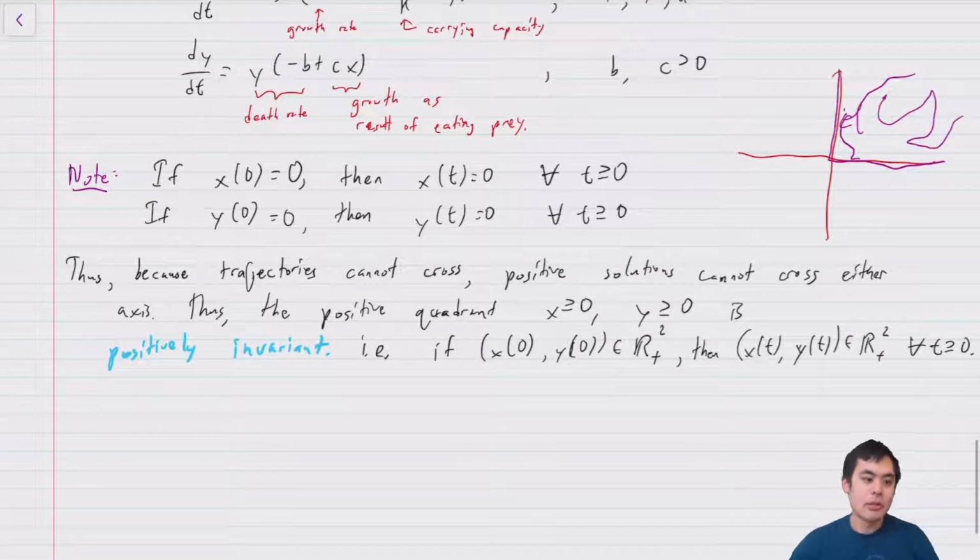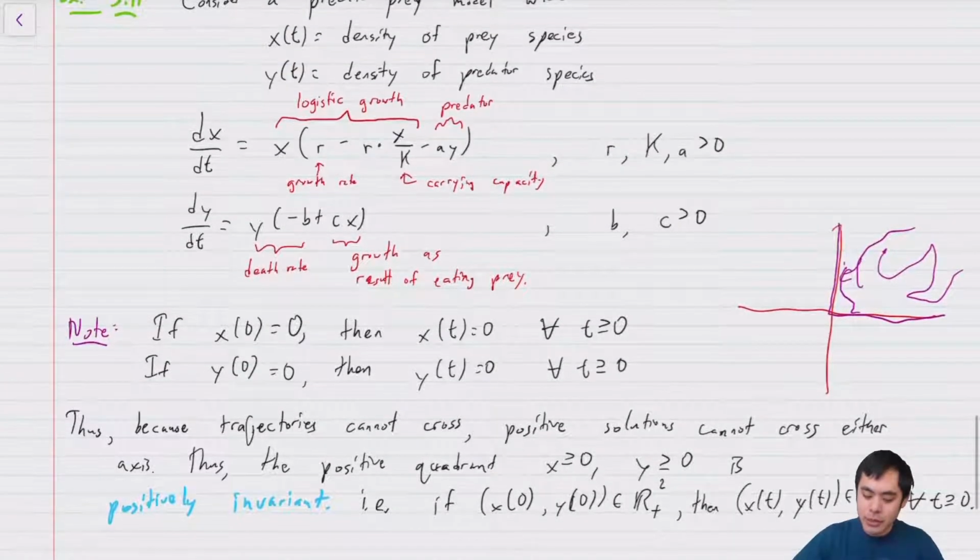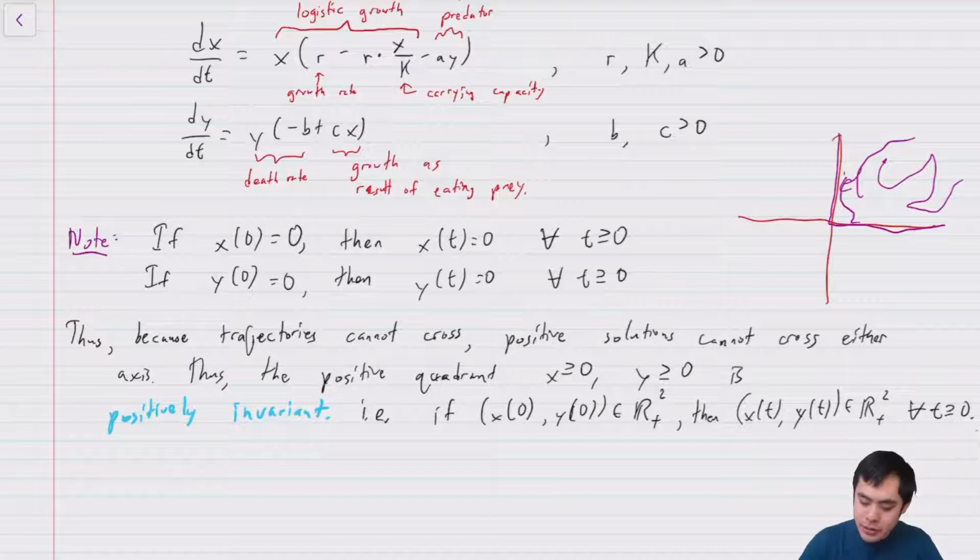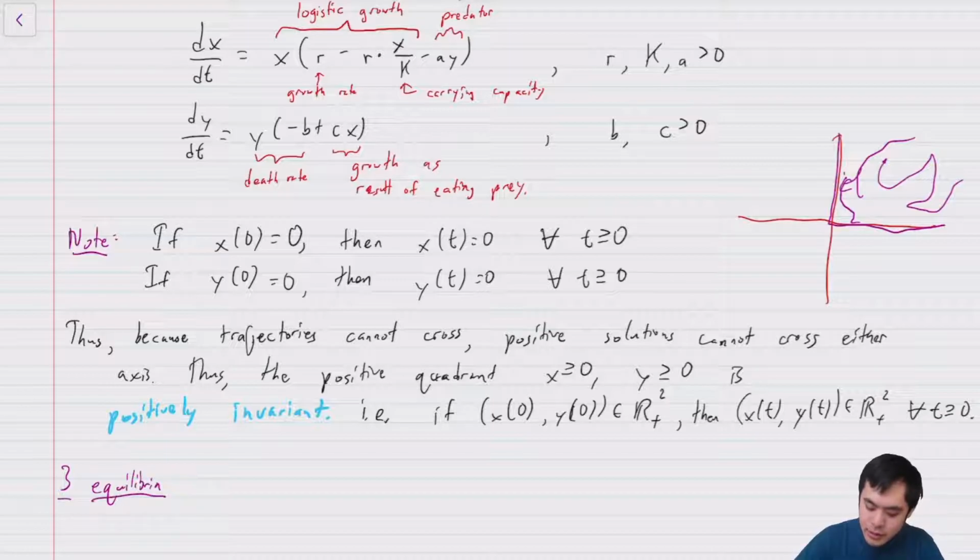Well, in order to solve this, we want to first find the equilibria, and it turns out that there are going to be 3 equilibria. This is basically where dx dt and dy dt are both equal to 0. So we have 0, 0, and k, 0.